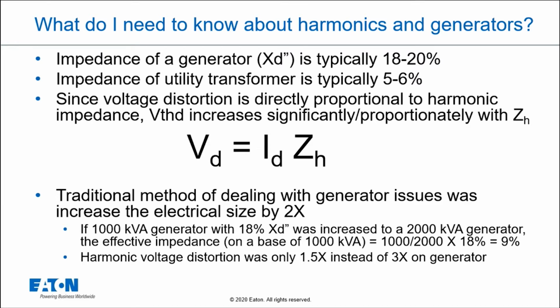In fact, if you had a 1000 kVA generator with 18% impedance and you went to a 2000 kVA generator, essentially instead of 18% impedance on a 1000 kVA basis, you were making it about 9%. So instead of going from 5 or 6% on the utility to 18%, you were going from 5 or 6% to about 9%. So the increase was about 1.5 times instead of 3 times.